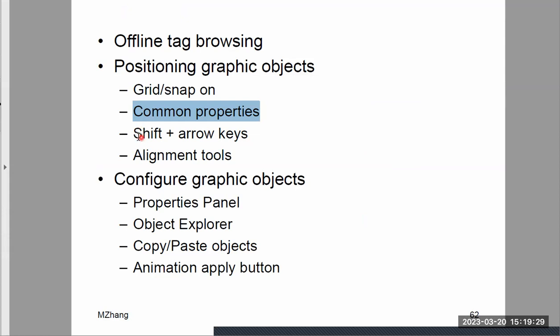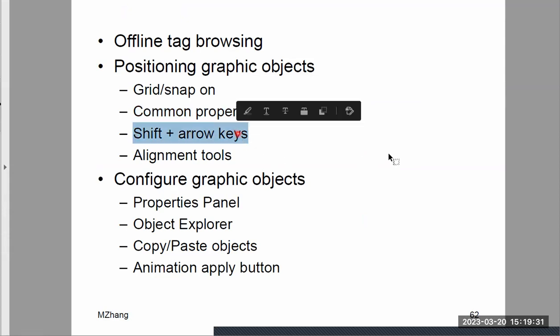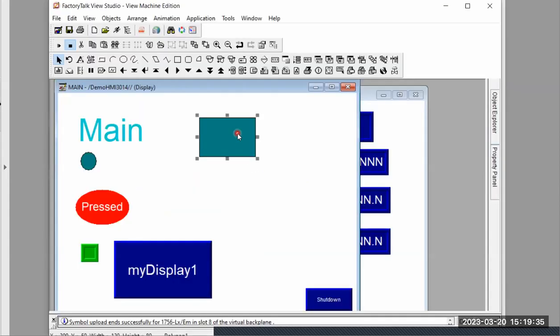All right, and shift arrow keys. You can see here, when you select the object, right now if I click on this object, then on the keyboard, when you press the shift key and then use your arrow keys, you can start to move the object by a small offset, right?